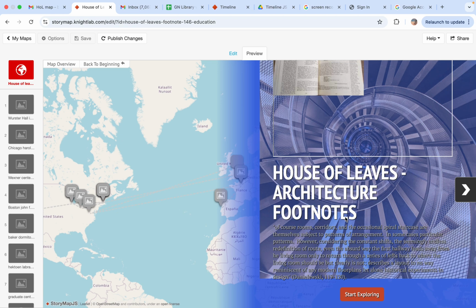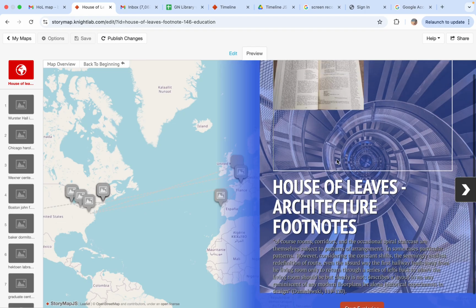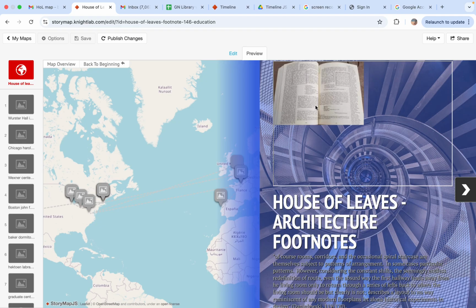And there's a footnote on this page, 120, that will explore the next 14 pages on the left and the right.